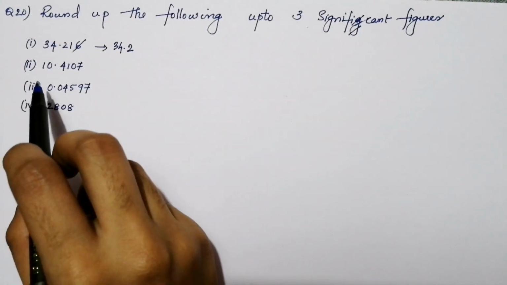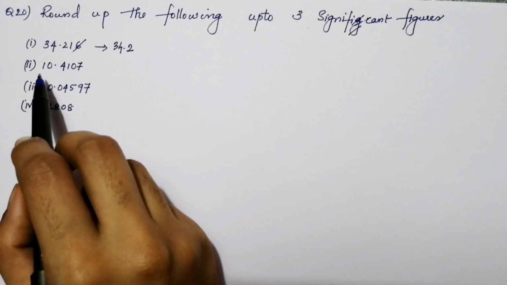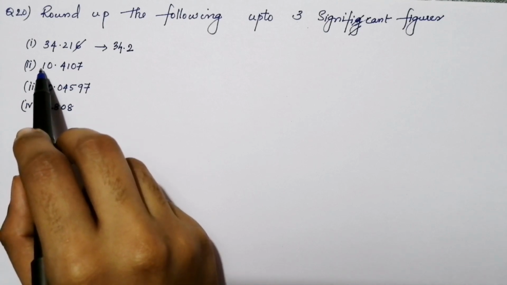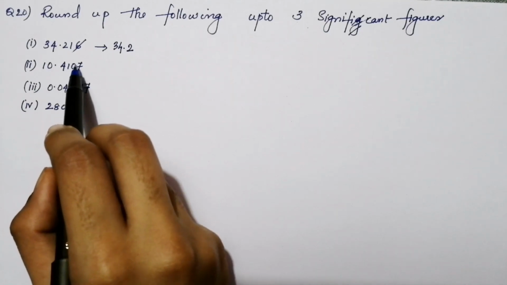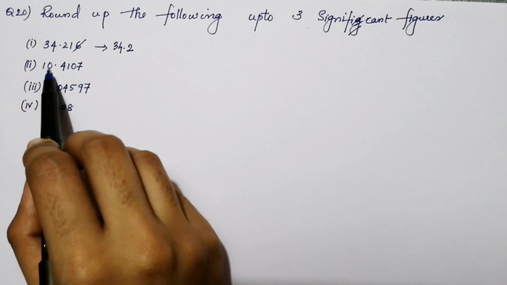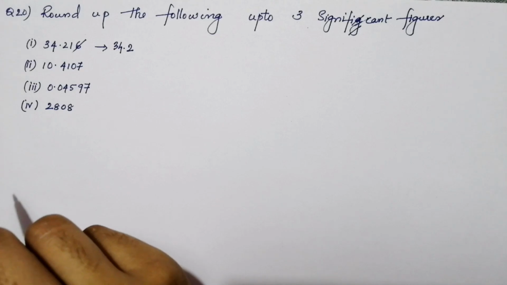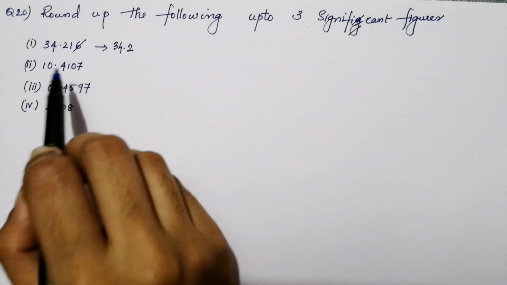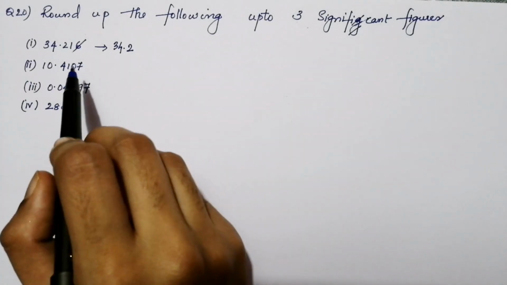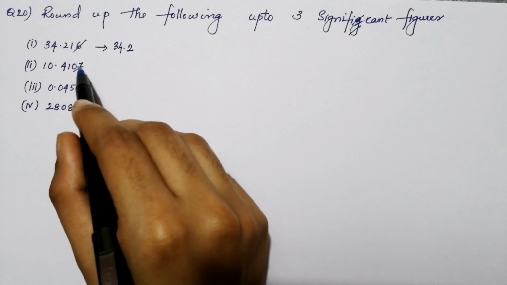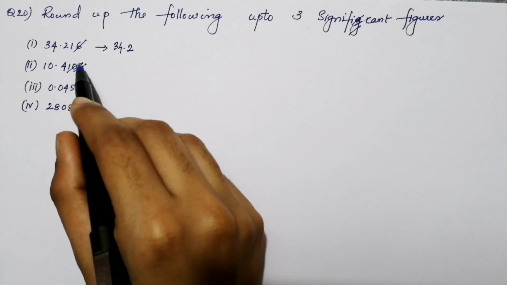Let us move ahead with the next question. In this, we already know that there are 1, 2, 3, 4, 5, 6 significant figures. Both the zeros are significant. Hence, we have a total of 6 significant figures. Now, let us round it off to 3 significant figures. Let us avoid the last significant figure and the second last.